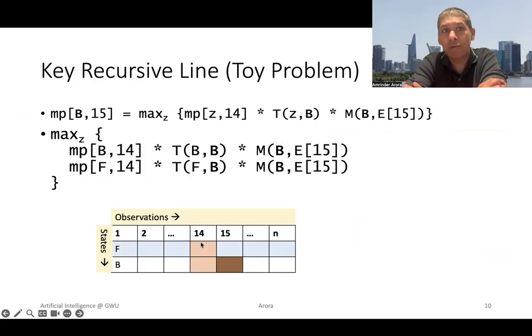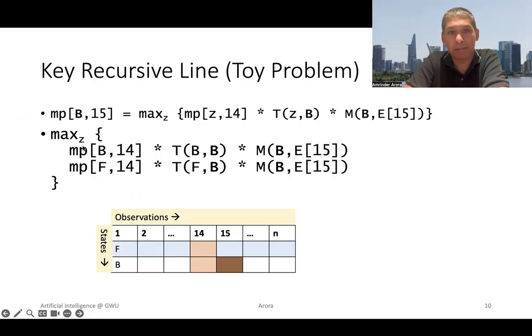If we want to apply this to our toy problem, we would say that in this case, there are only two states, fair coin, biased coin. And let's suppose you're building up the 15th step here. Then you would look at the 14th column. So MP[B][15] is equal to the maximum over MP[Z][14] times the transition to the current state times the emission.